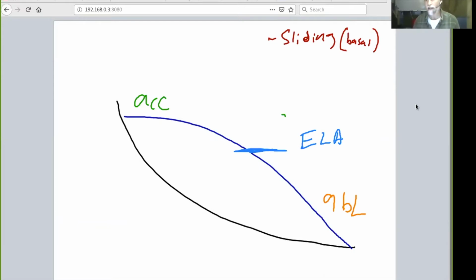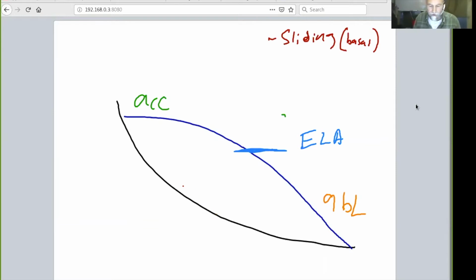With basal sliding, it's almost as simple as just saying, okay, it's just this ice sitting on a piece of rock or a piece of deformable sediment, and it's just sliding along its substrate. I say it's simple, but that actually turns out to be a fairly difficult problem to understand from a physics standpoint.